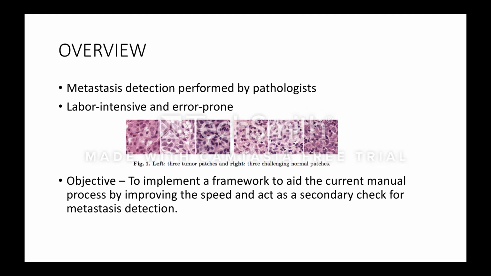This process is very labor intensive and error prone since pathologists have to go through the slide images manually. The objective here is to implement a framework, a CNN architecture, to aid the current manual process by improving the speed and also act as a second opinion for the existing metastasis detection.